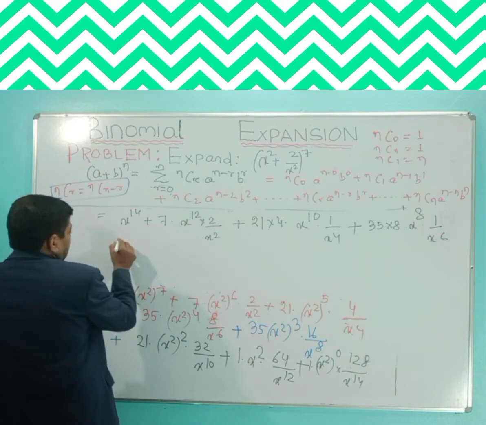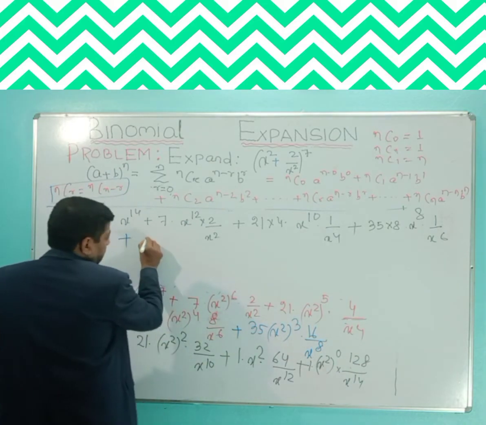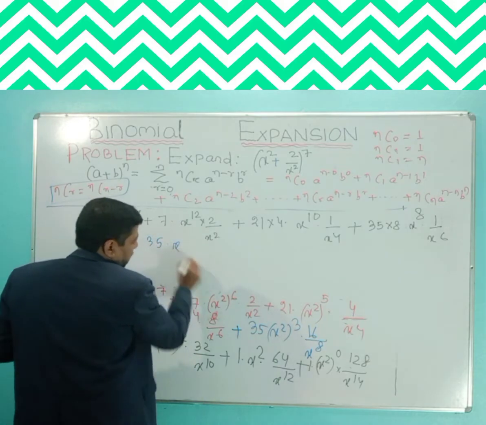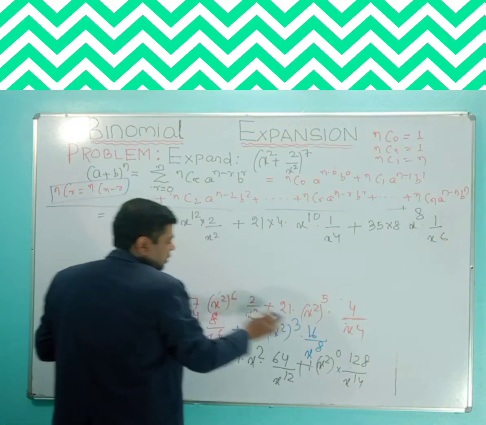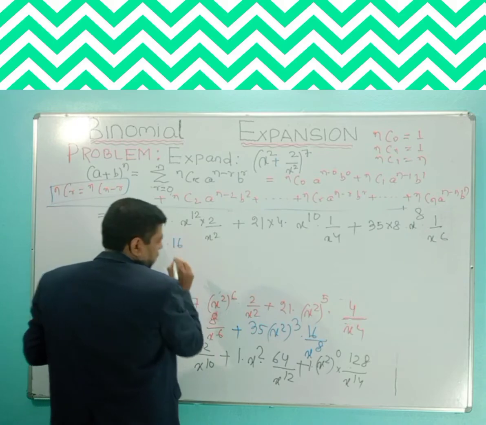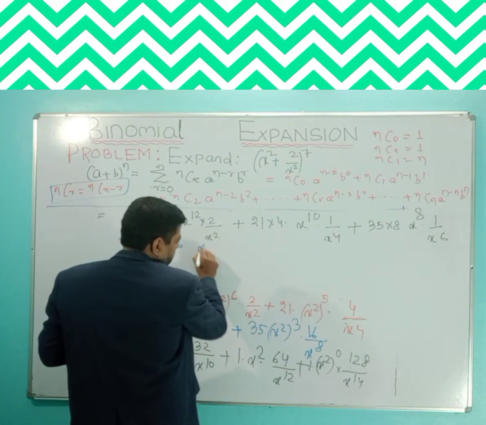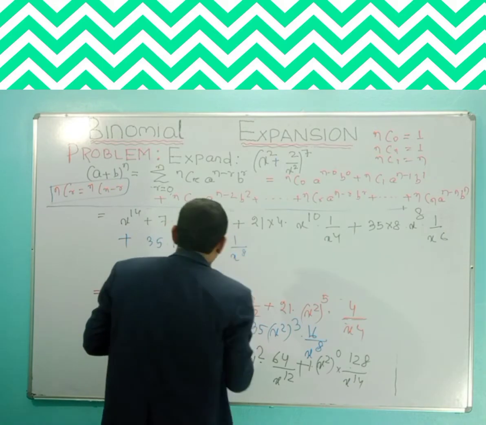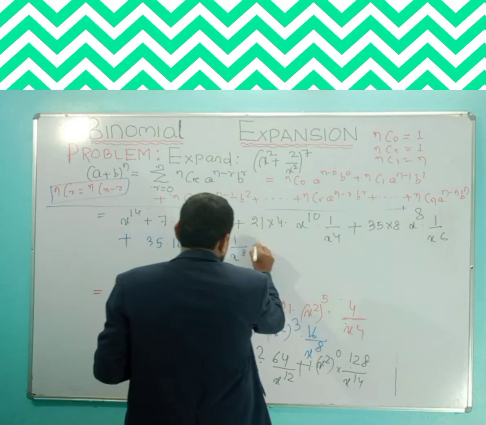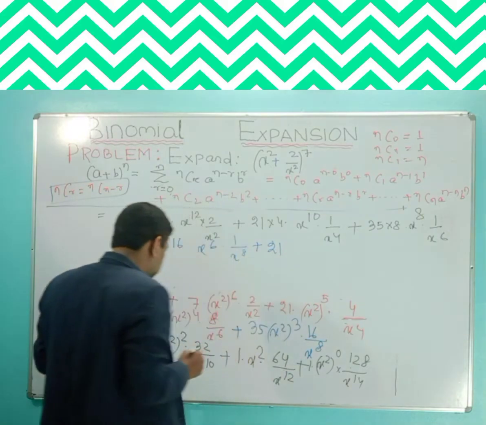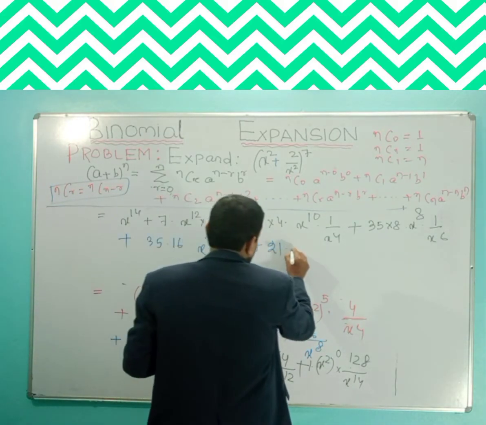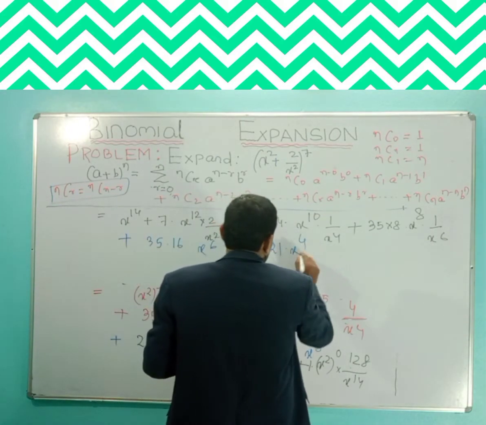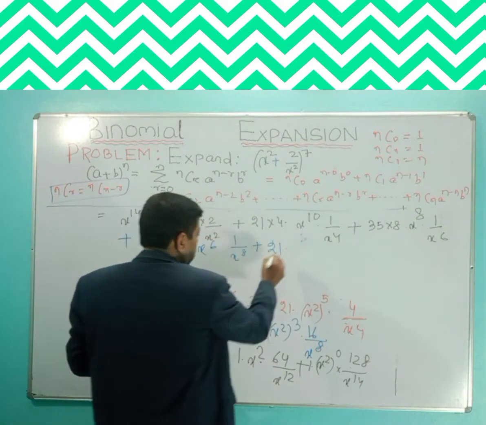Then next it is 35 again, 35 into x to the power what? 2 3 is 35 into 16, you write 30 and 16 into x to the power 2 3 is 6 into 1 upon x to the power 8. Yes. Plus 21 x to the power what? 2 2 is 4, x to the power 21 into 32 write down.